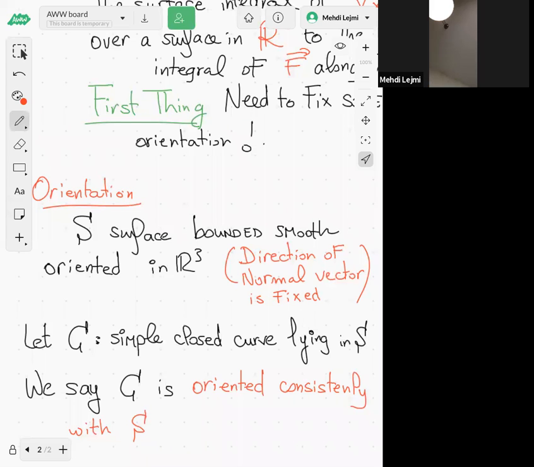We fix this direction of the normal vector. So the orientation of this curve C is going to be consistent with the orientation of S if.